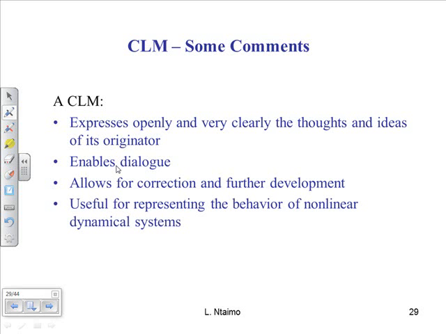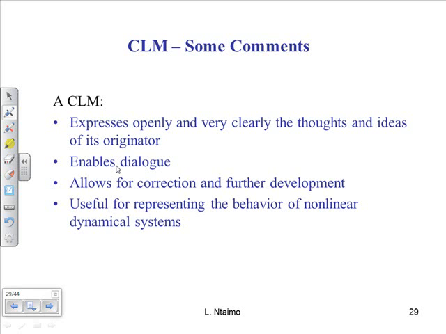And also it is useful for representing behavior of nonlinear dynamical systems. Remember, we started with the idea that the linear way of thinking is not good enough. The world, for the most part, is nonlinear, so we have to think along those lines. So when we have issues associated with systems engineering, we have to look at the big picture.